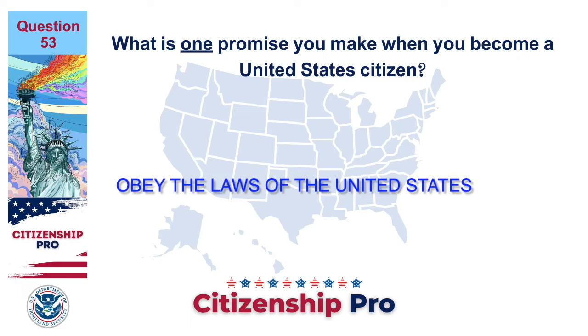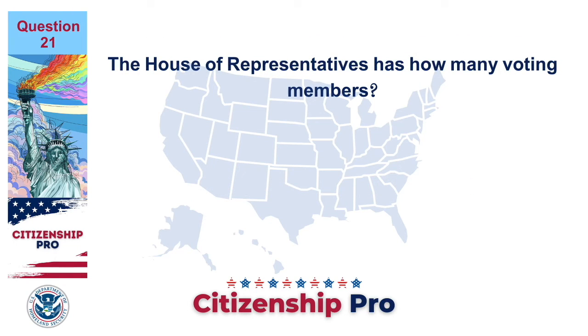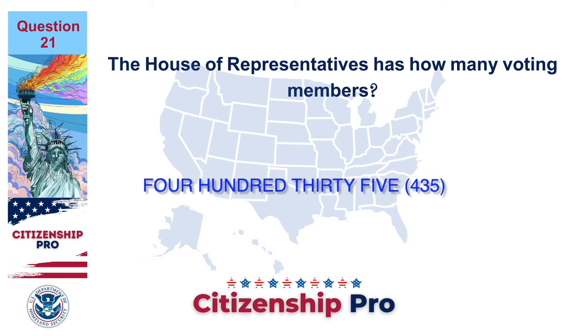Obey the laws of the United States. The House of Representatives has how many voting members? 435.